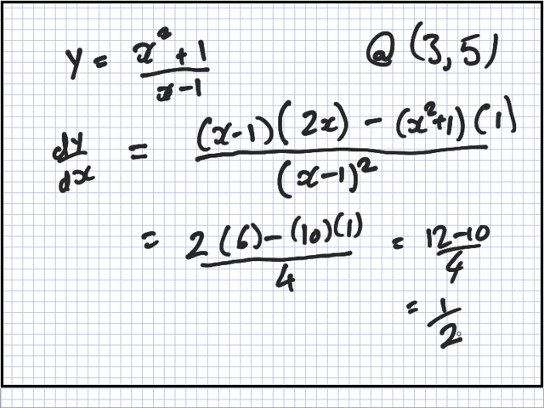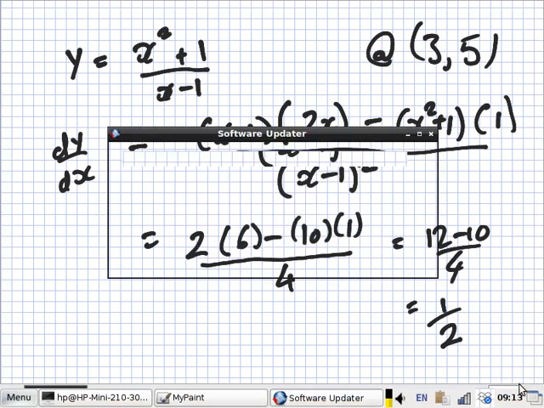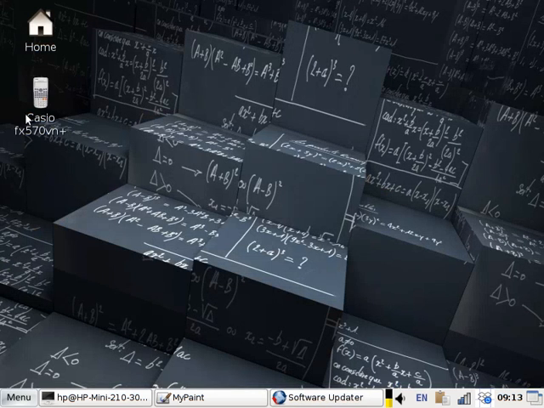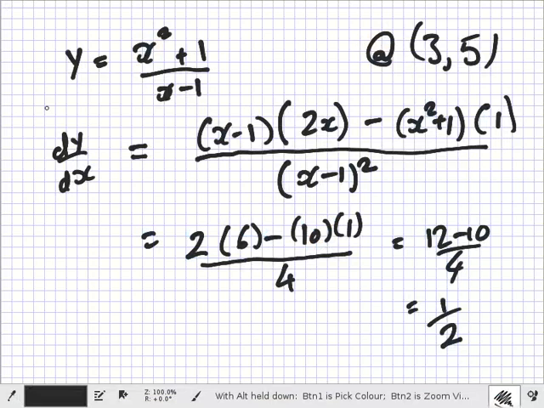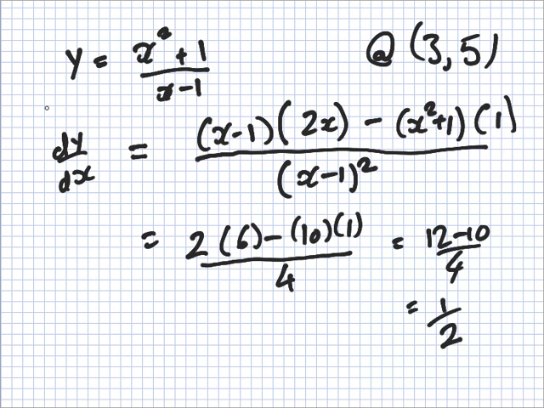Now, I'll let you write this down, but what I just want to do here is show you how to do this on the calculator as well. So, also, in word form, it was like I did this. The bottom squared. The bottom times derivative of the top minus the top times derivative of the bottom.